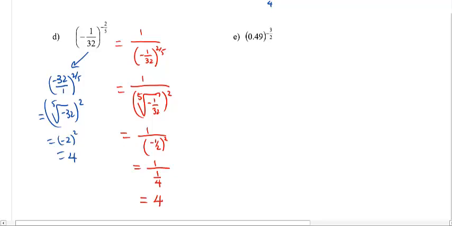Okay? Ultimately, E, if you don't like decimals, you can, of course, write them as fractions. So try something like this, and I'll let you decide which method you want to do, but in the end, the answer should be the same. Go ahead and try it, and then double check with me in the end.